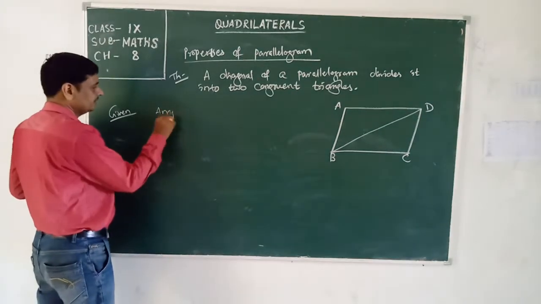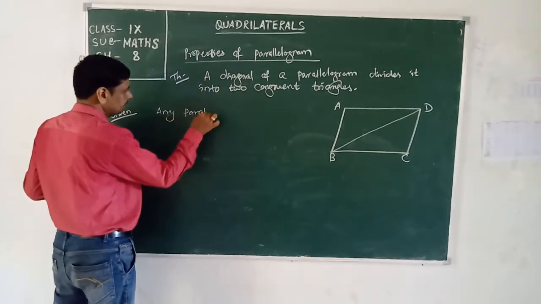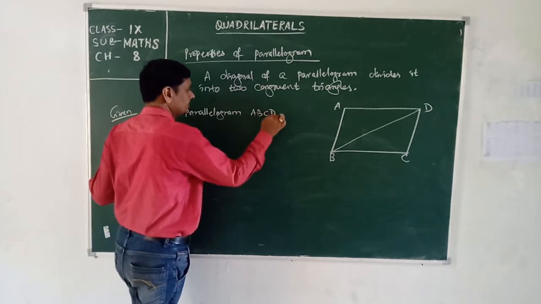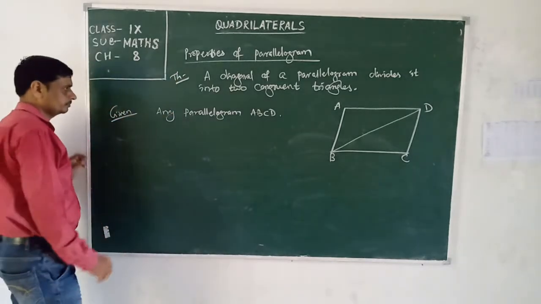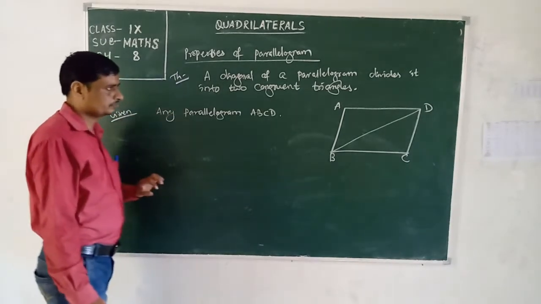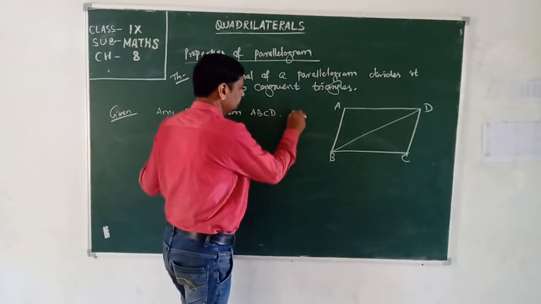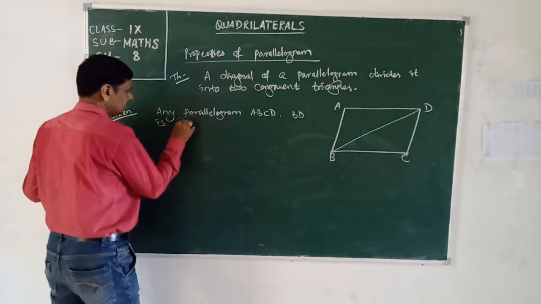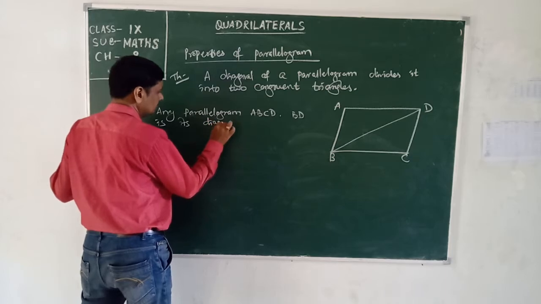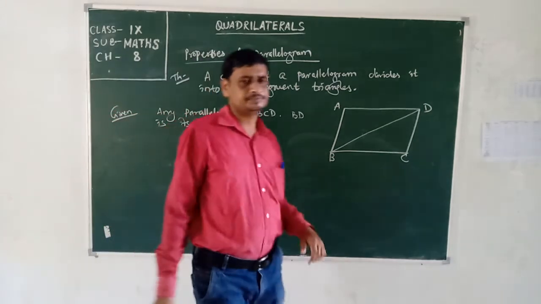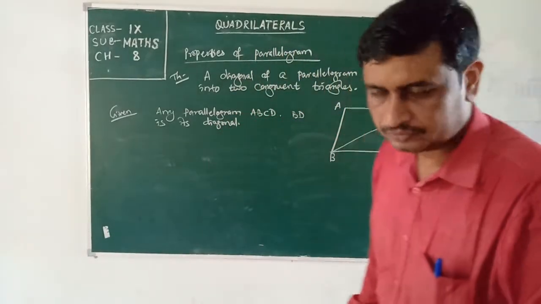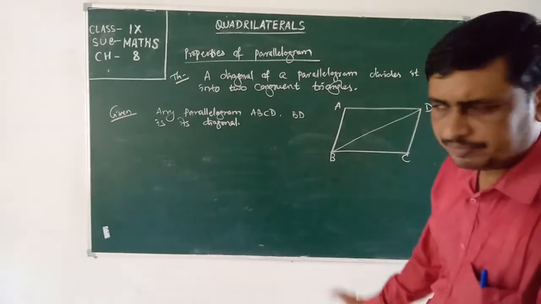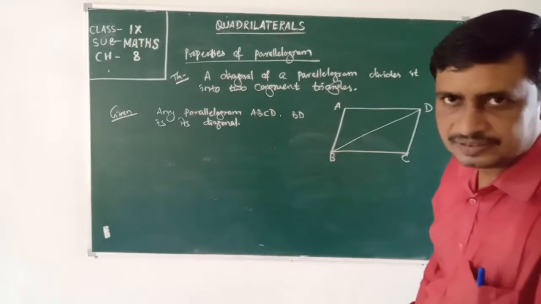Here given is any parallelogram ABCD, and BD is its diagonal. Here ABCD is a parallelogram and BD is the diagonal.